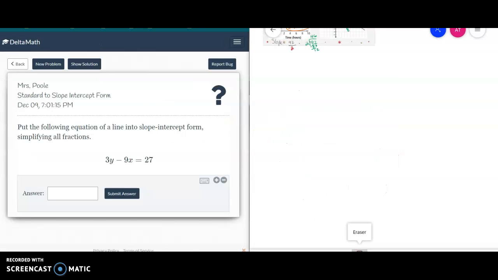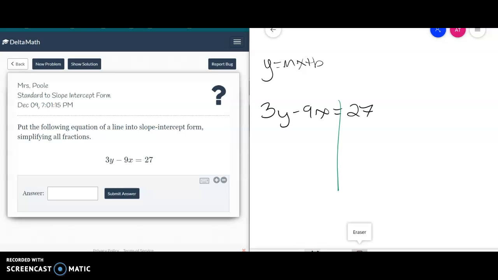So here would be another similar question that we might have. We might have something like this. It'll ask you to put the following equation into slope-intercept form. Remember, our slope-intercept form is y equals mx plus b. So in this case, I need to get y by itself again. In order to do that, I need to make sure that y is by itself.